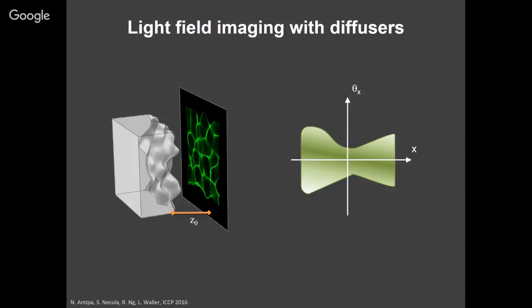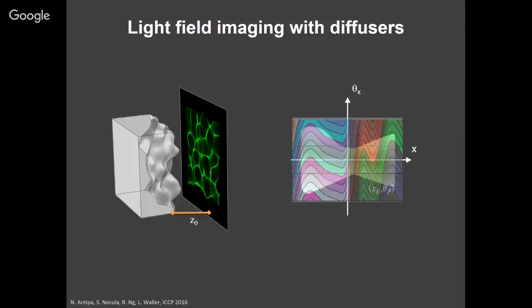And that results in a multiplexed light field measurement in which each pixel on your sensor measures a linear combination of different information from the light field space, which maps to weird integrated swaths of this light field space. But you can map them all out. It's a linear inverse problem, and you can solve it. And so this is essentially just the multiplexed version of the lenslet array light field measurement.